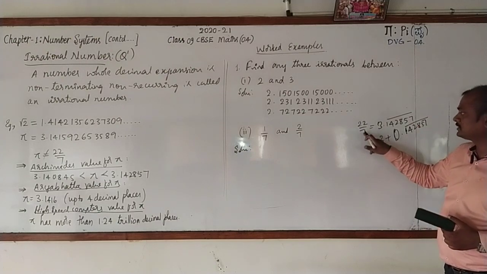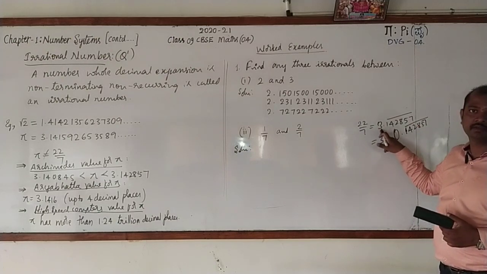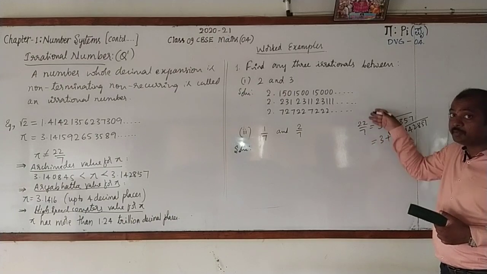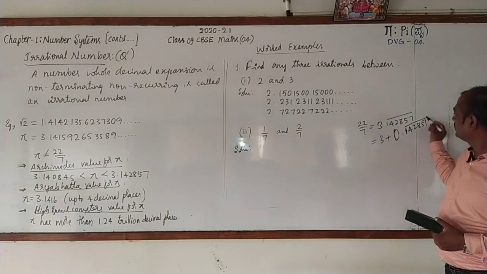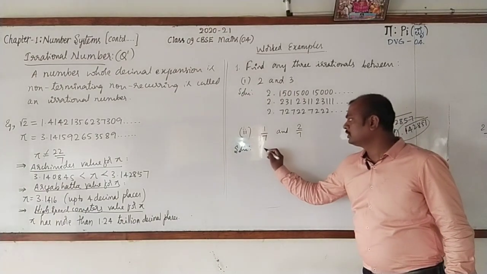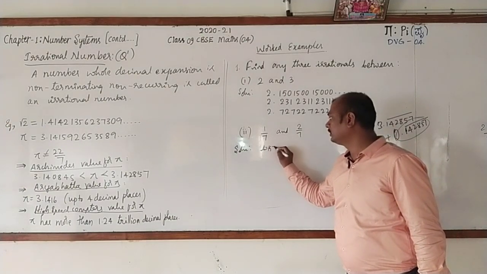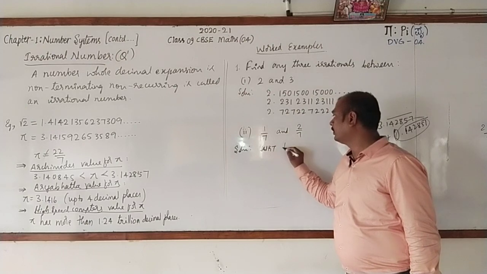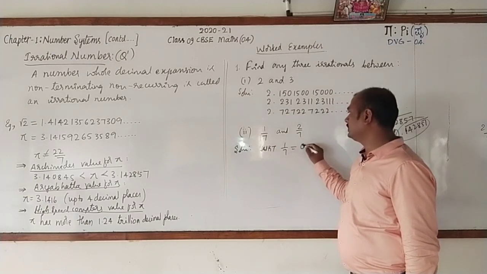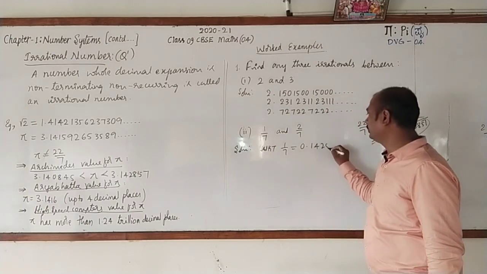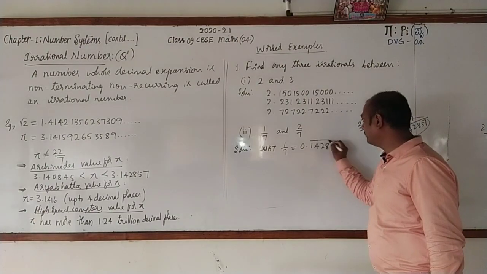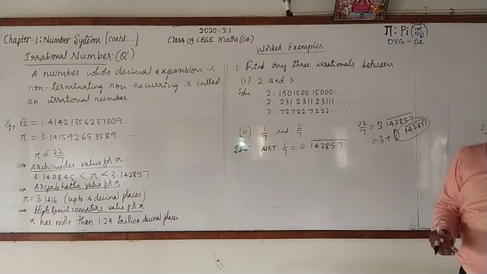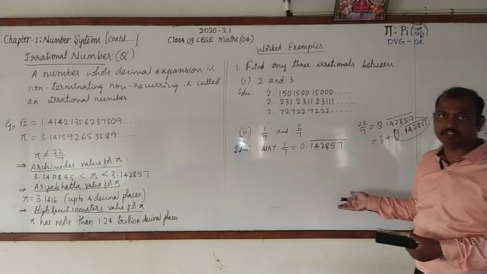The reason is, 7 3s are 21 and the remaining is 1 by 7. So this is the value of 1 by 7. We know that 1 by 7 is equal to 0.142857 bar. If you do not know, you can go for actual division.